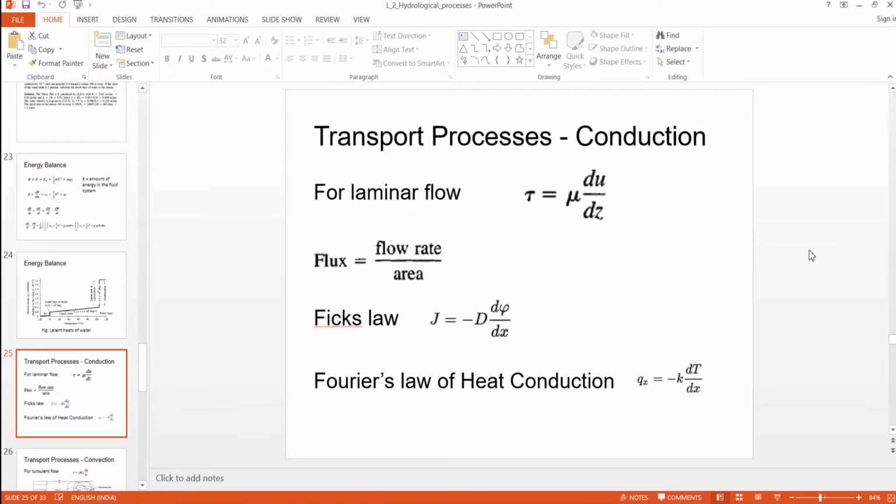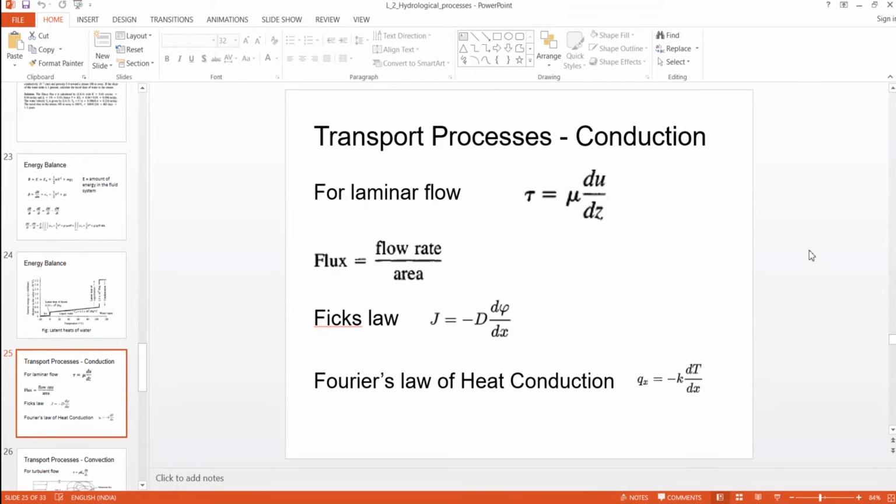The molecules at higher energy are at high temperature and they move to low temperature. During collision, the energy from these high-energy molecules is transferred to low-energy molecules, so that heat energy transfer takes place. So this is conduction.